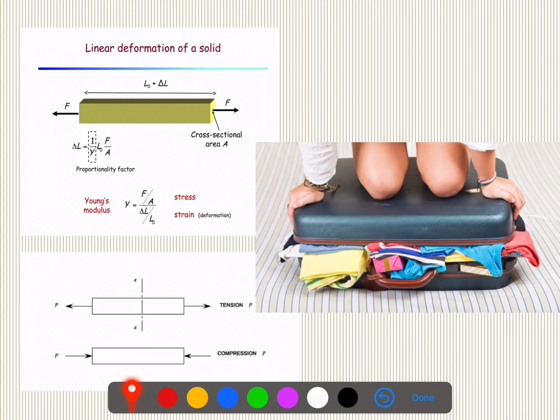Let's say perhaps that we're looking at changing the length of something, either stretching it or compressing it, making it longer in this direction or shorter in that direction.